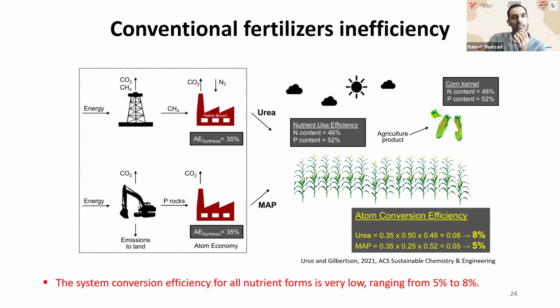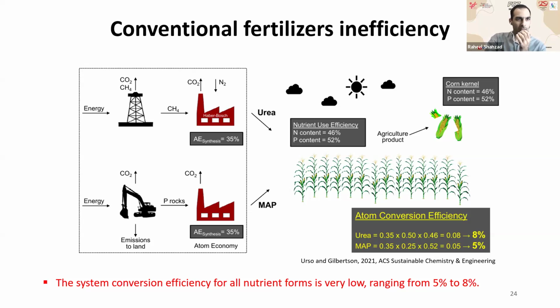We know that urea and MAP are the most common conventional fertilizers for nitrogen and phosphorus. But what the authors have done is calculate the final atom conversion efficiency for these common fertilizers. That is very low, ranging from 5 to 8%.